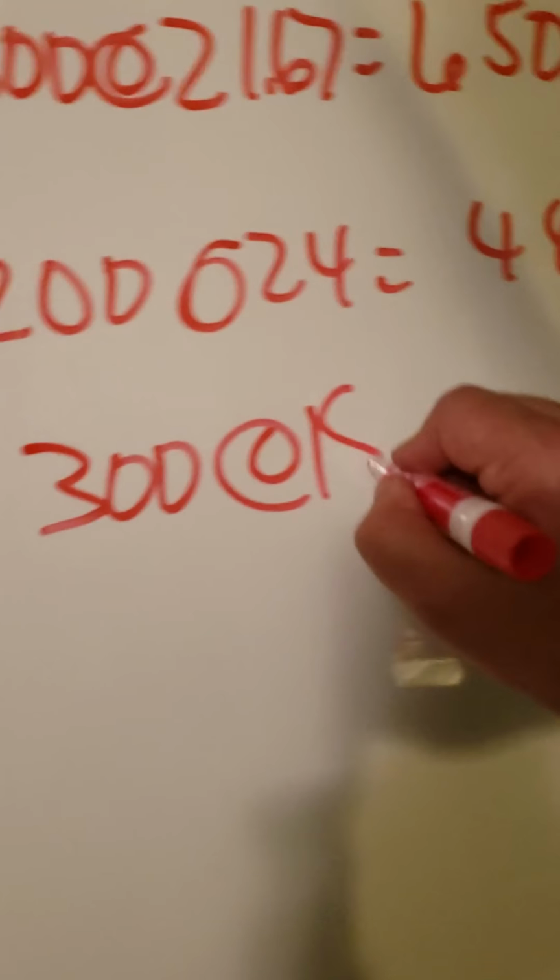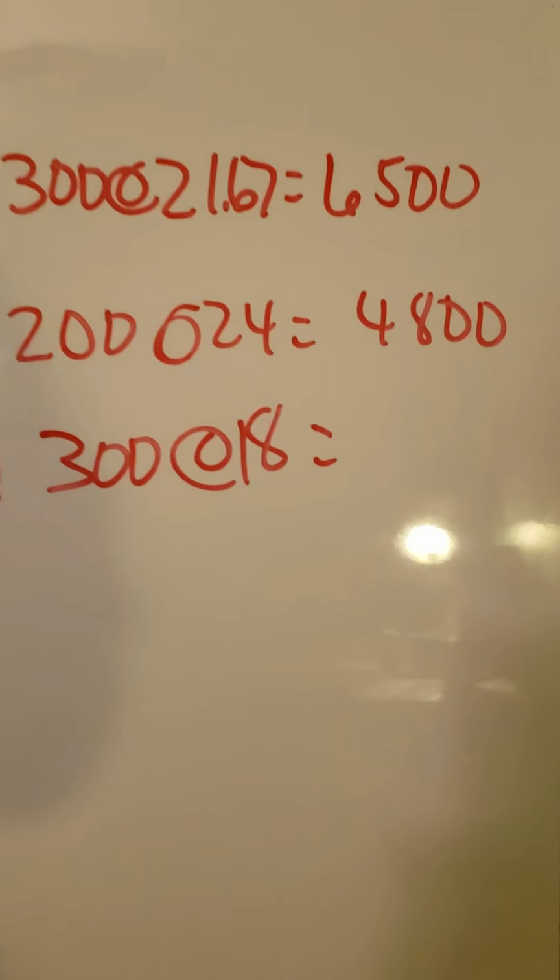Then in 2019, again, this wash sale rule, I sold 300 at $18 a share for $5,400. Well, only 200 of them are wash sale shares. It's these right here.